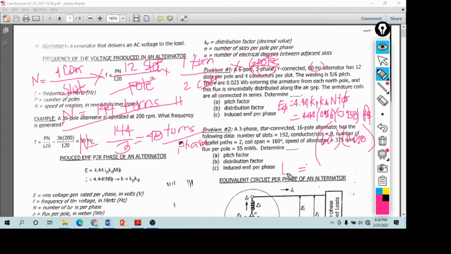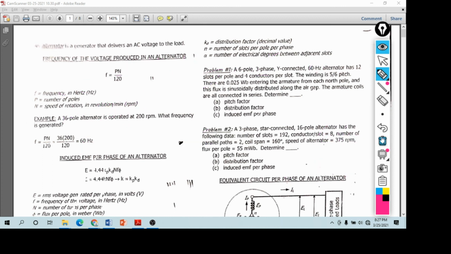You will come up with the induced EMF per phase, which is equal to 295.7 volts per piece.